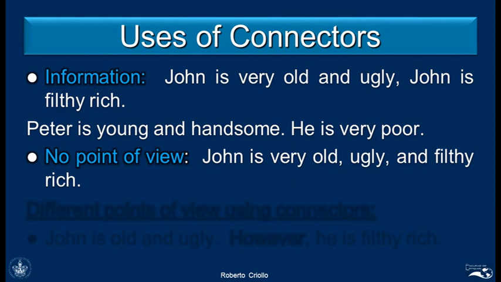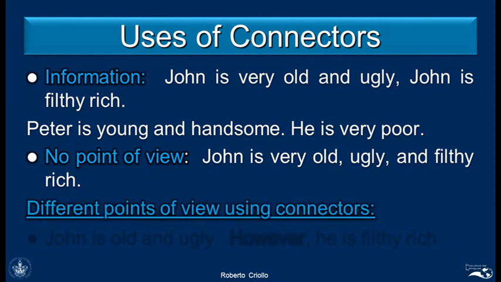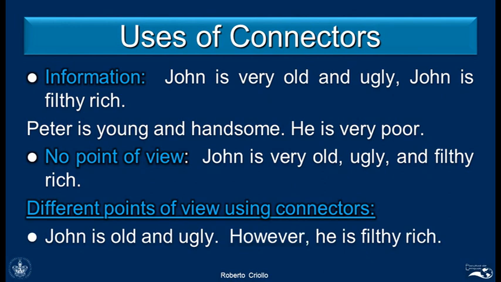This is the kind of thing that we're not going to do in a literature review. In a literature review, we want to have a point of view. So, let's see how we can express different points of view and build arguments using connectors. Number one, John is old and ugly. However, he is filthy rich. So in this case, what I am saying is not just that he has those characteristics.